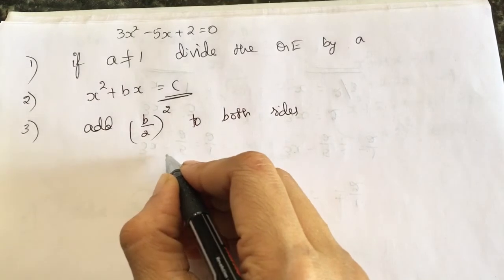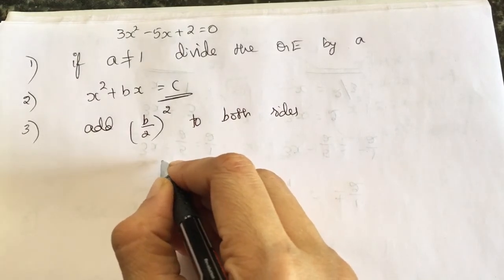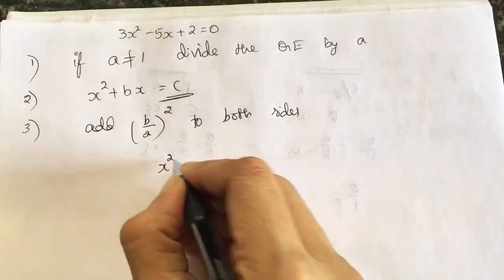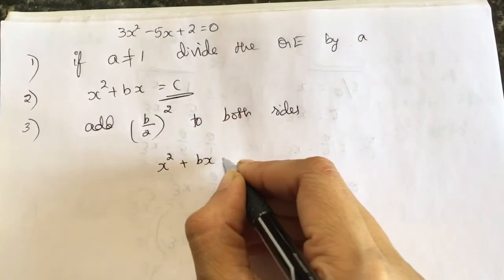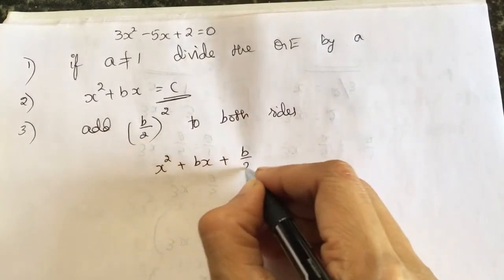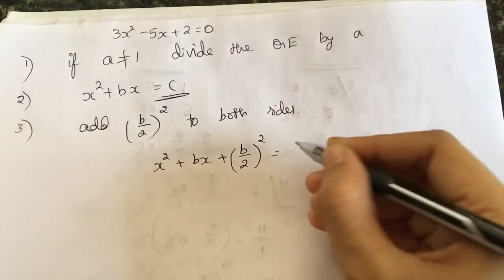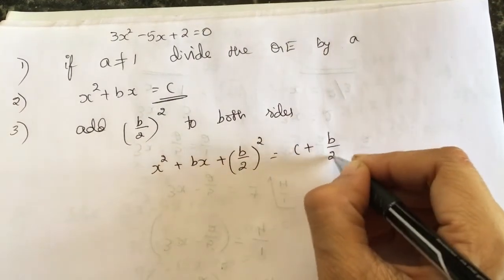What will you get? x square plus bx plus b by 2 whole square on both sides. Okay, you are going to get this.